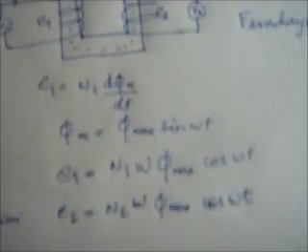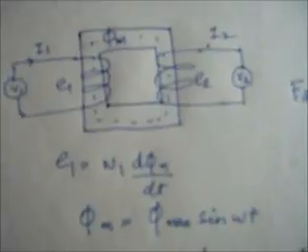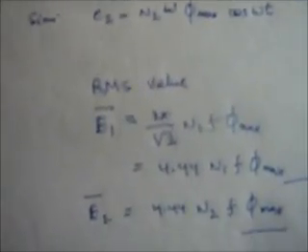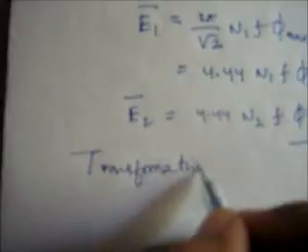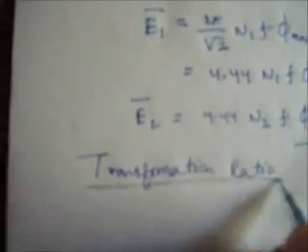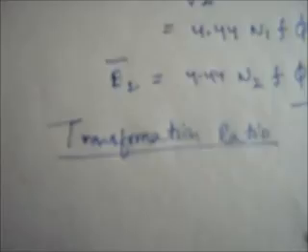These are very important concepts for students to learn and to remember. Now let us see the transformation ratio. The transformation ratio gives a relation between the voltage, induced EMF, number of turns and the current: V1 by V2 equals E1 by E2 equals N1 by N2 equals I2 by I1. This is for an ideal transformer.